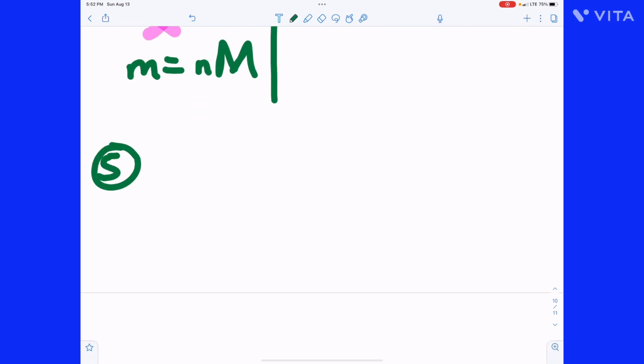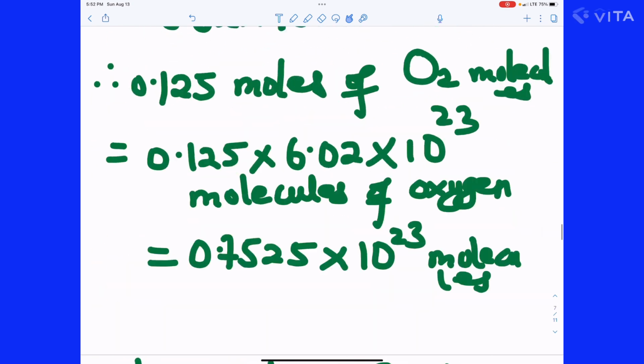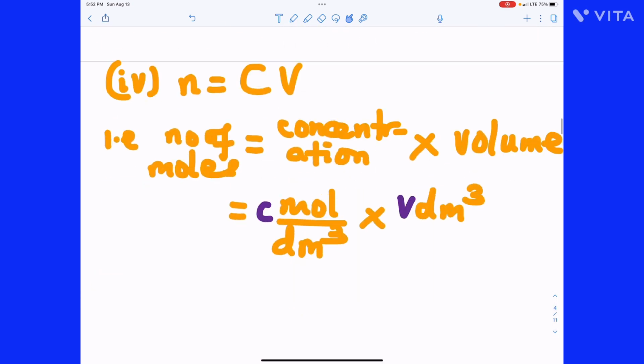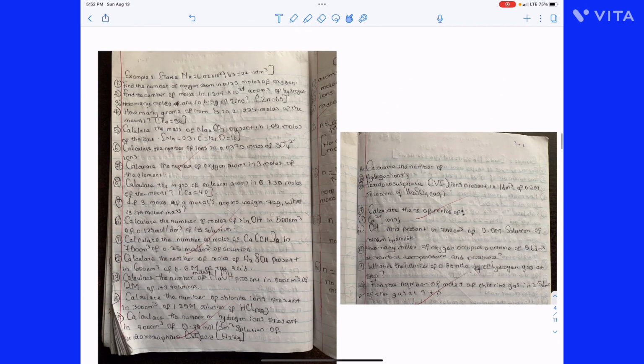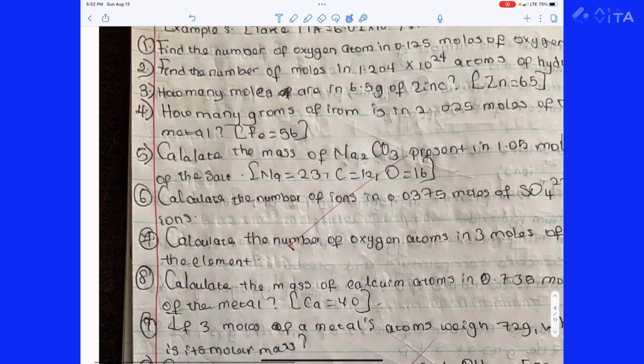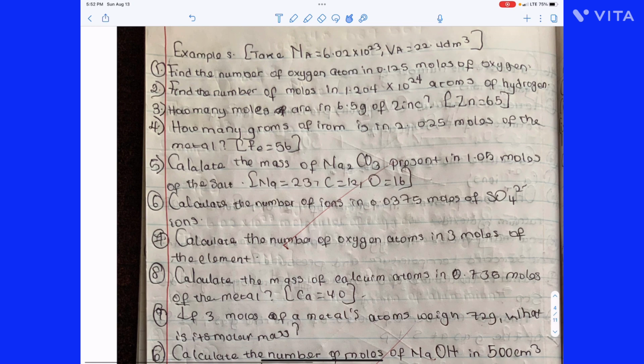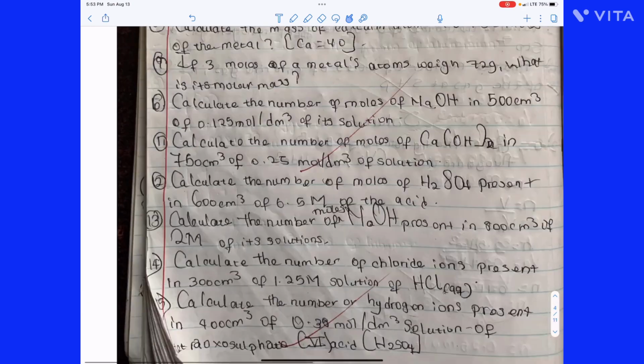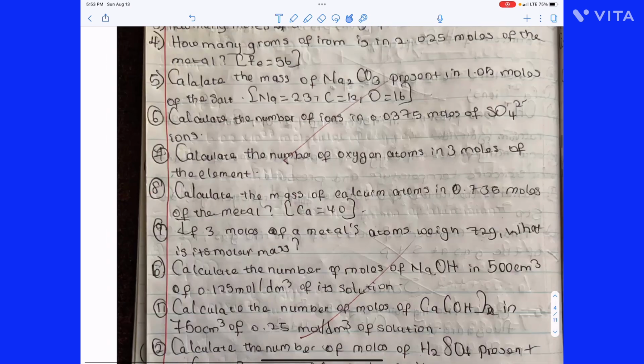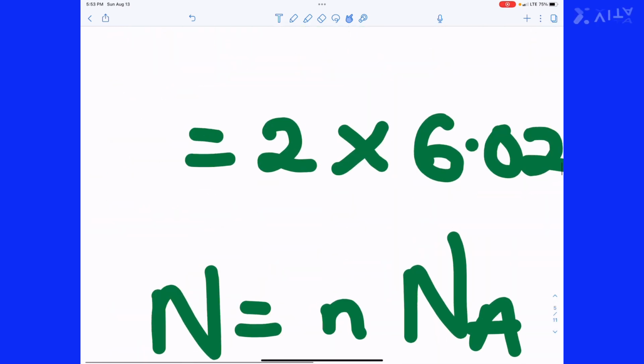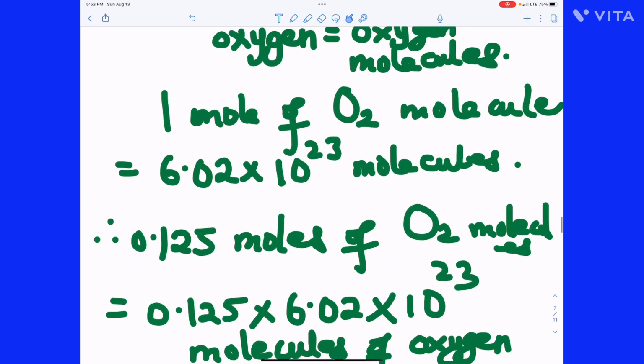Question 5 now. Question 5 says, calculate the mass of sodium trioxocarbonate(IV), Na2CO3, present in 1.05 moles of the salt. That's a simple question.